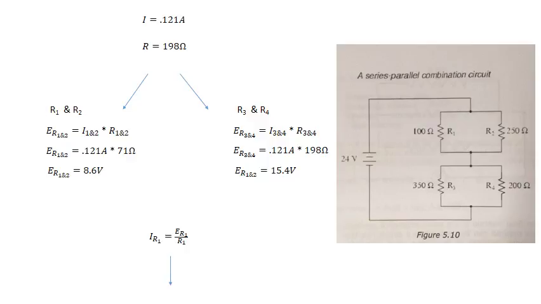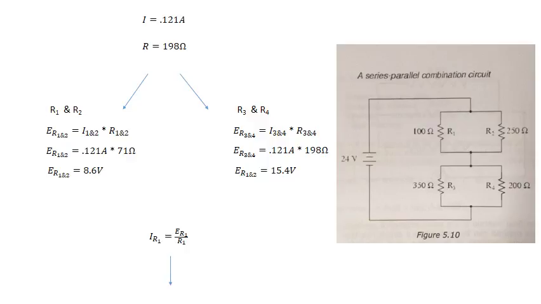With the resistance and the current, we can now find the voltage across ER1 and 2 and ER3 and 4. ER1 and 2 equals I1 and 2 times R1 and 2. The first leg will be ER1 and 2 equals 0.121 amps times 71 ohms, which equals 8.6 volts.